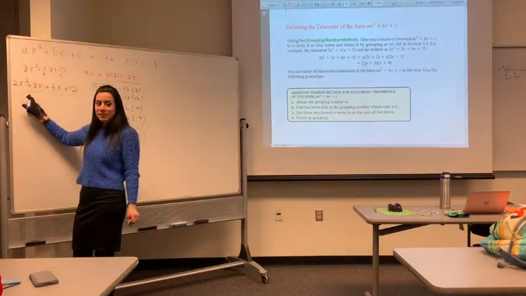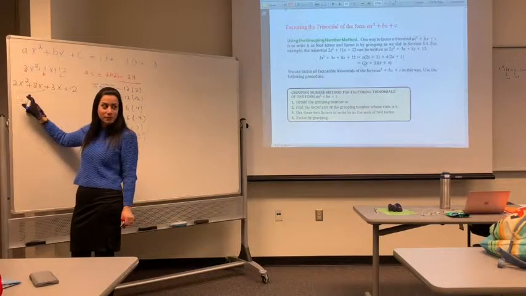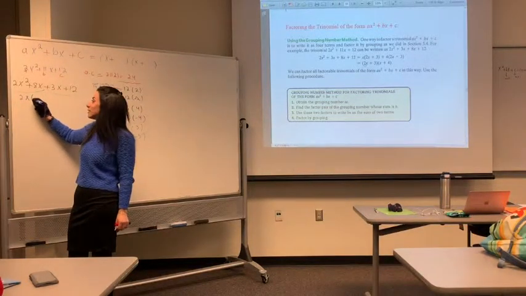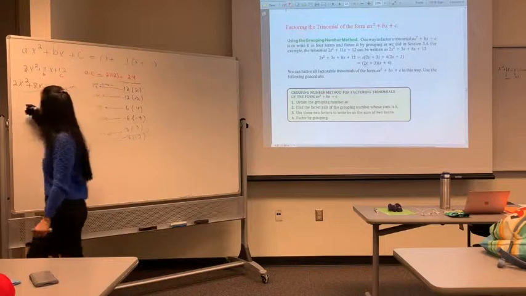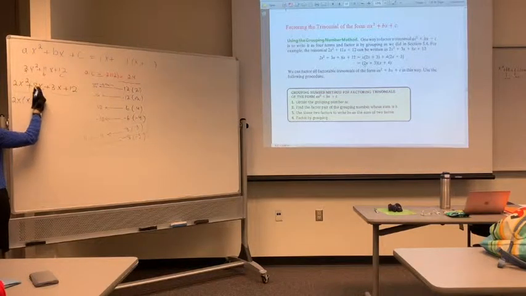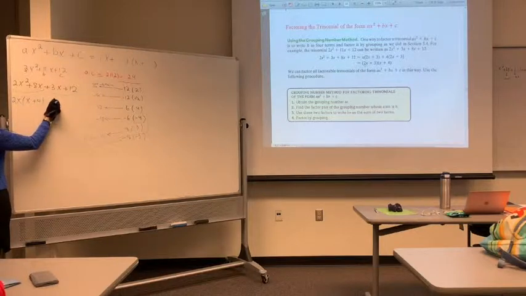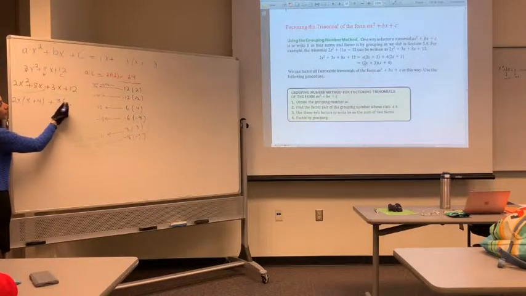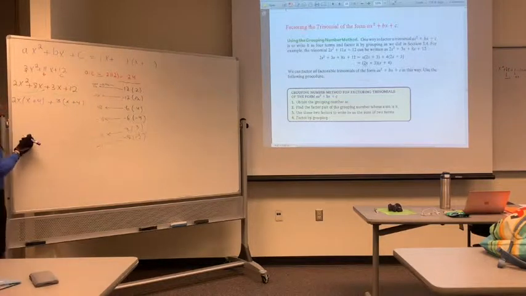What is common between these 2 terms in this group? 2x, right? 2x multiplied from the first term, what remains? Plus 4. So the second group, what is coming? 3 is coming. x remains. Plus 4, right?